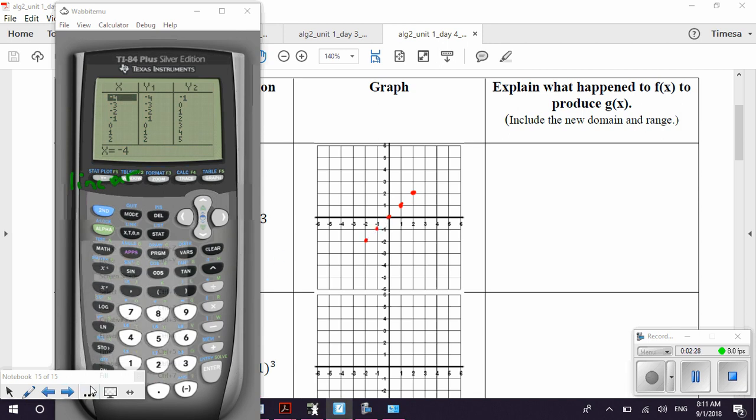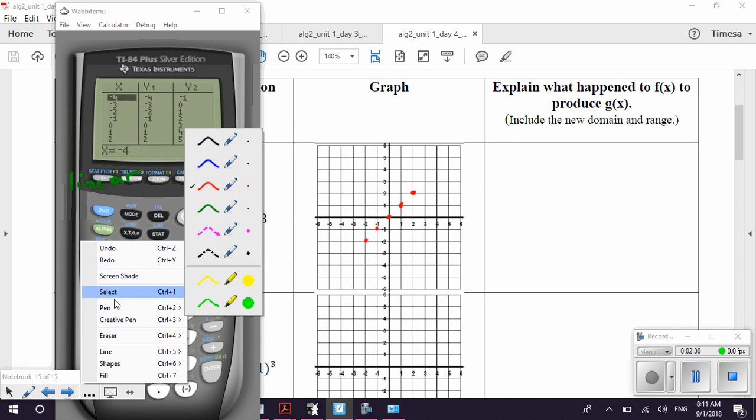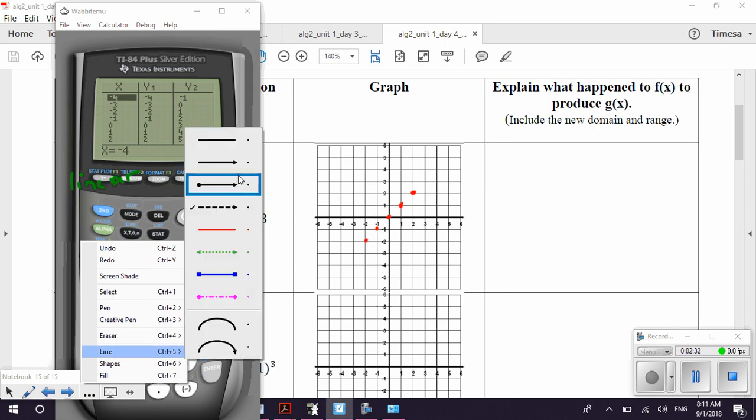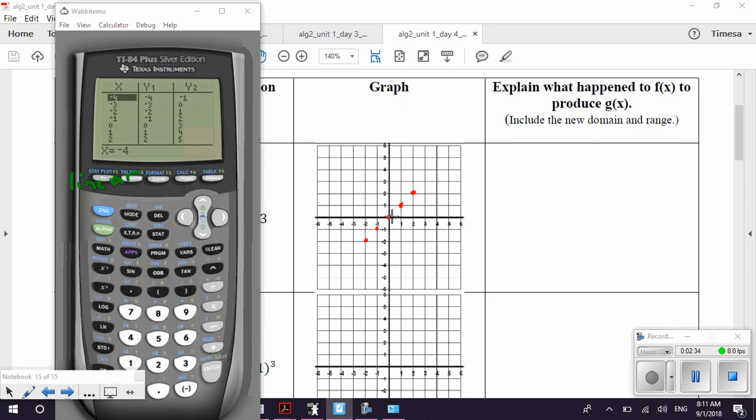So now let's just draw a straight line with a ruler through these points. And arrows.